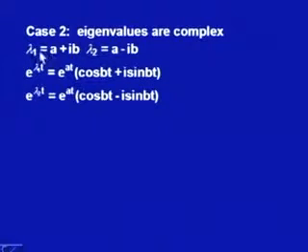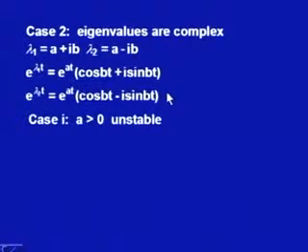Then e^(lambda 1 t) is written as e^(at + ibt), and e^(ibt) is written as cos bt plus i sin bt. Similarly, corresponding to lambda 2, we can write e^(lambda 2 t) as e^(at) multiplied by cos bt minus i sin bt.